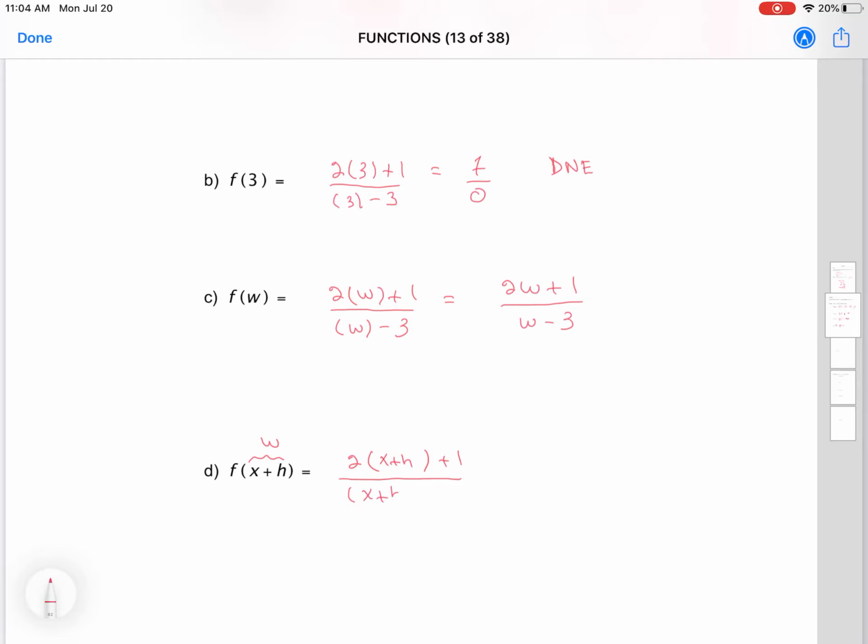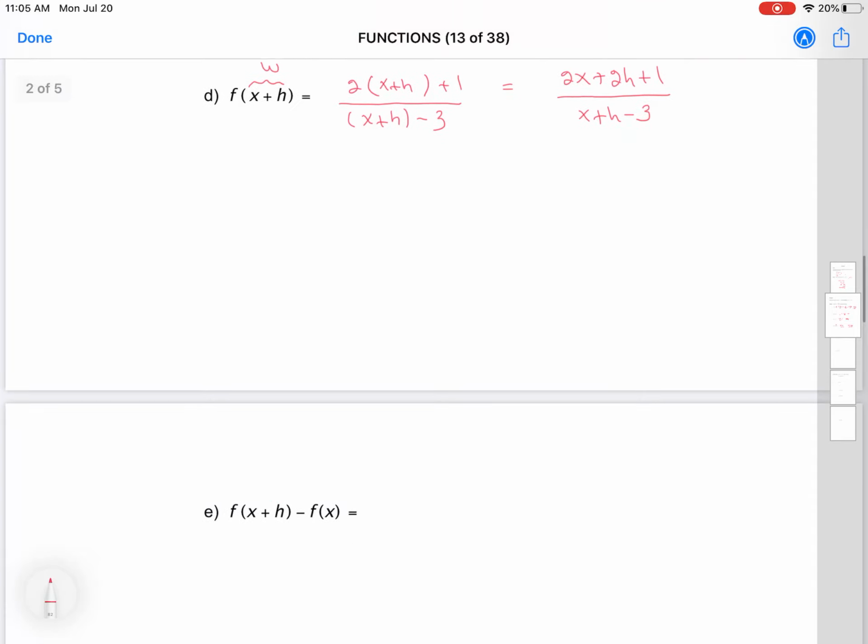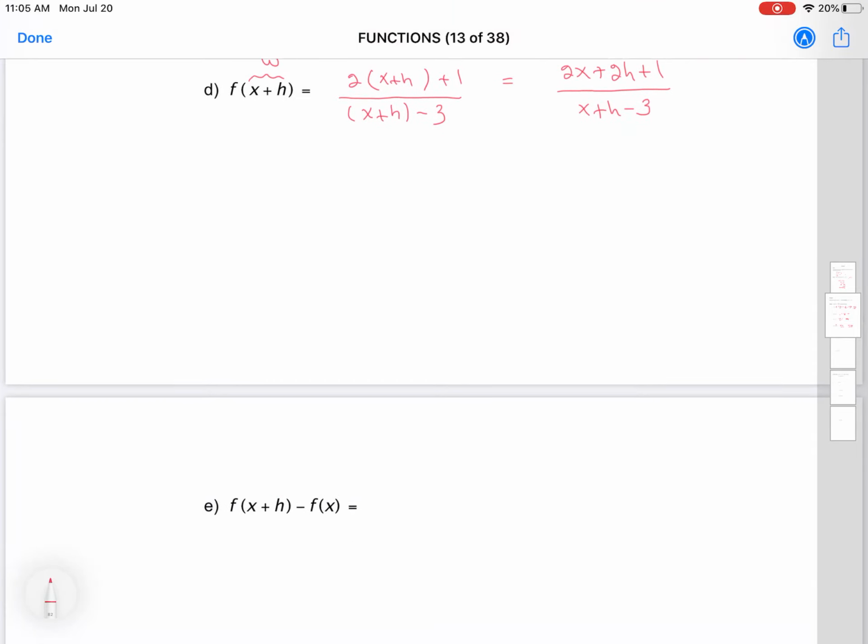Well, you replace all the x's by x plus h. So downstairs, x plus h minus 3. And that simply gives us 2x plus 2h plus 1 all over x plus h minus 3. Not very pretty, but quite exact.